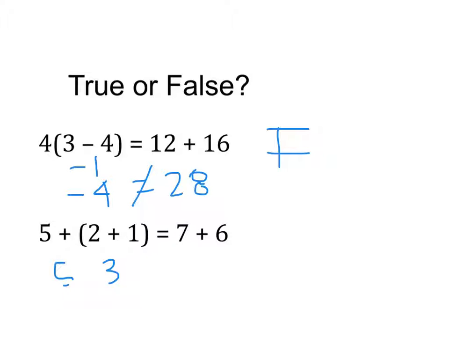Then I have 5 plus 3 is 8, which is not equal to 7 plus 6, which would be 13. And I want to point out why this one is false, okay? They tried to distribute with addition, okay? 5 plus 2 is 7, 5 plus 1 is 6, but they are not equivalent. So that's another important thing to remember.